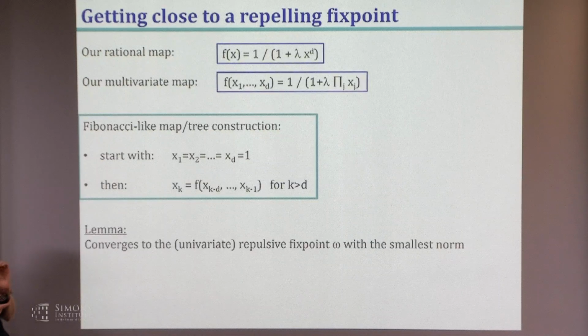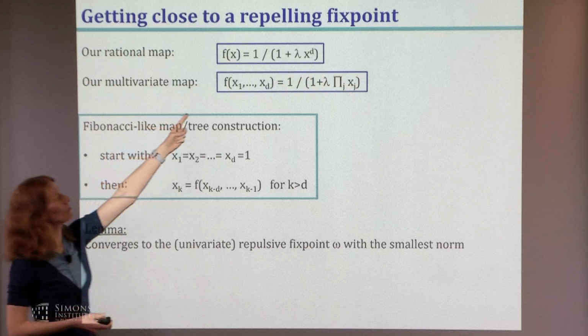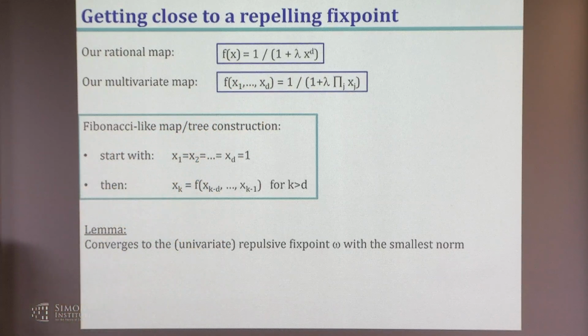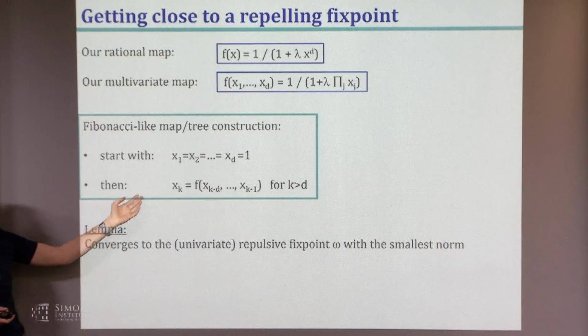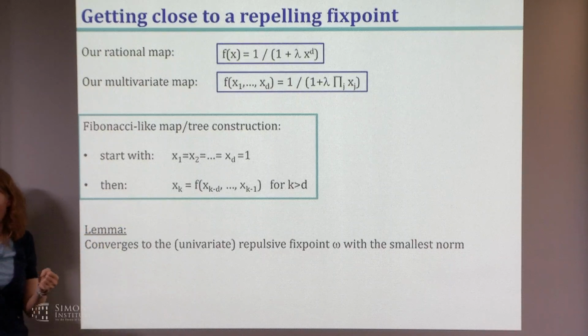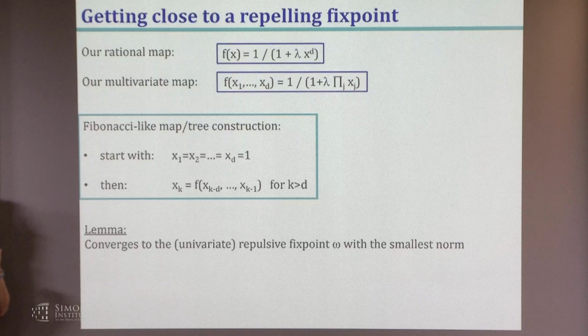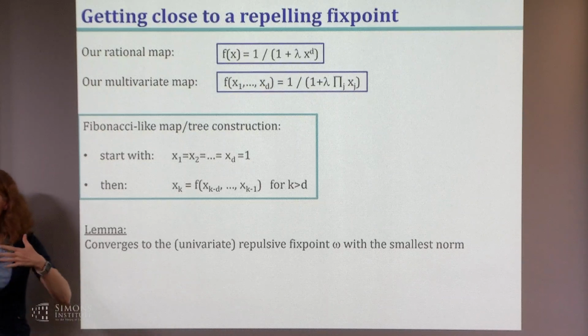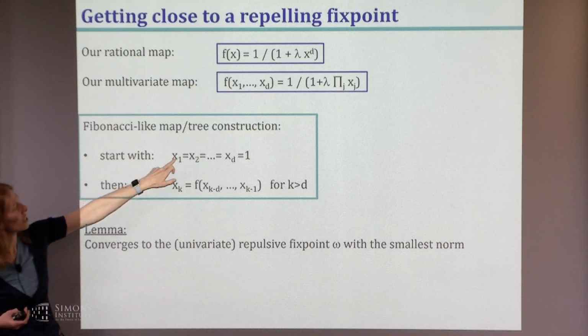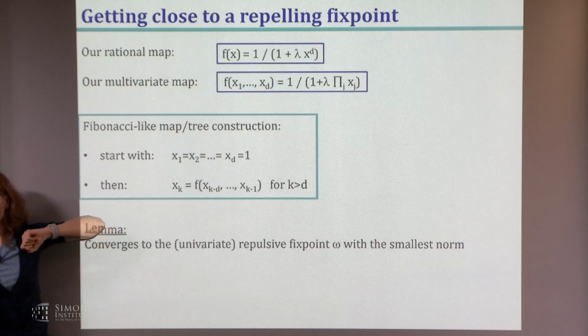Well, let's see. So this was the univariate map. This is the multivariate map that I'm including for your convenience. And what we are going to do, we are going to create our trees in a Fibonacci-like way. Okay? So namely, or if you want, you can look at it as constructing the x quantities in our multivariate map.